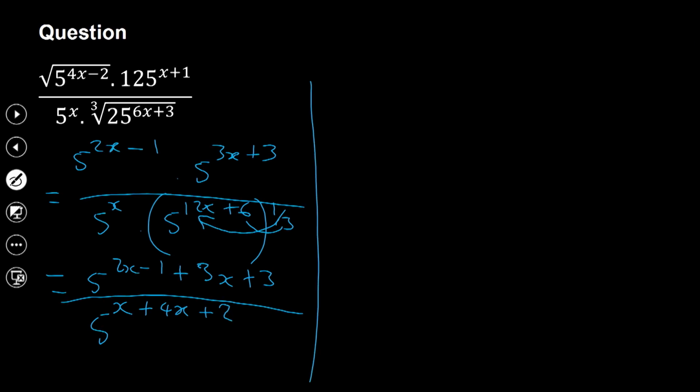And this will therefore be equal to 5 to the exponent of 5x minus 1 plus 3, which will be plus 2, and then divided by 5 to the exponent of 5x plus 2, which is simply just 1. And that's where the beauty of mathematics comes in.